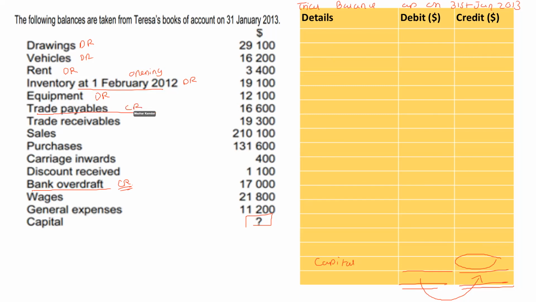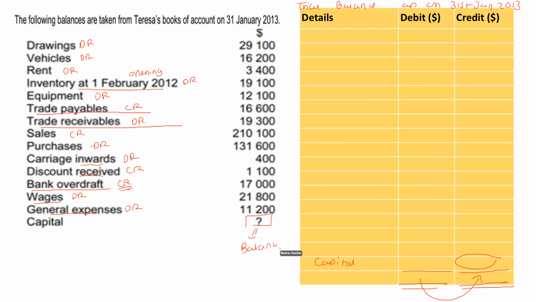Trade receivable, amount yet to be received, asset, debit. Sales, credit. Purchases, expenses, debit. Carriage inward expenses is a part of cost of sales, debit. Discount received income, credit. Wages, expenses, debit. General expense, expenses, debit. Capital will be the balancing figure.